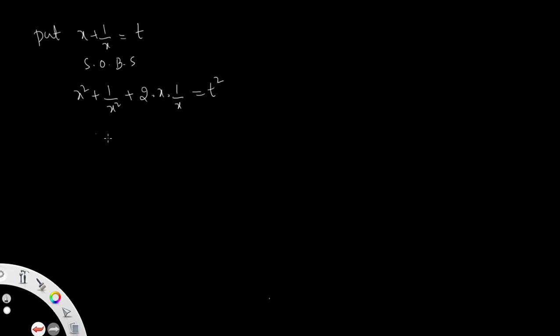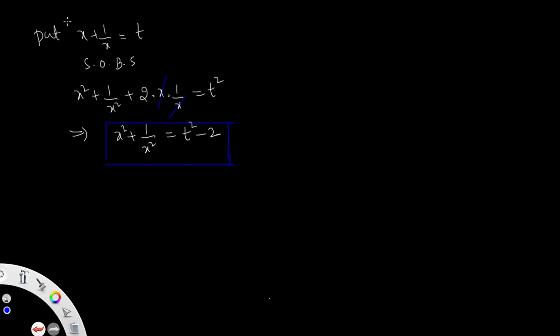Then x gets cancelled. Then x square plus 1 by x square equal to t square minus 2.